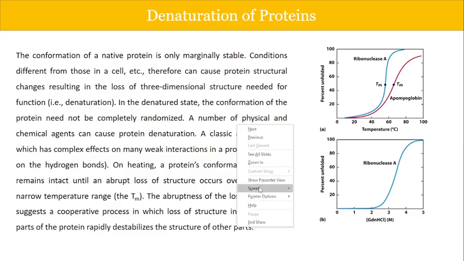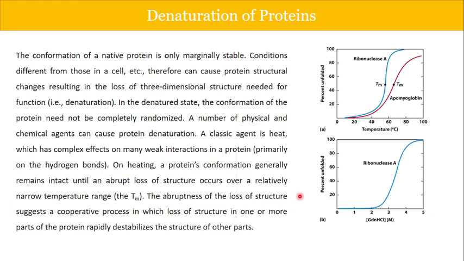So now coming to the next topic, denaturation of proteins. The conformation of a native protein is marginally stable, because after all these interactions are strong, but sometimes these interactions are weak as well. These interactions depend on your pH, then the solvent in which your proteins are.